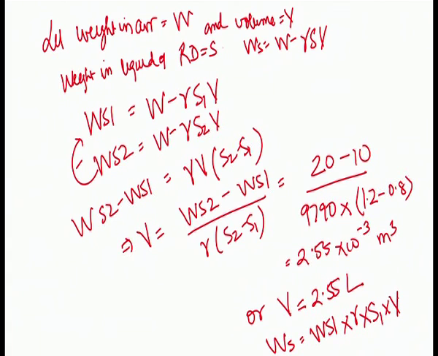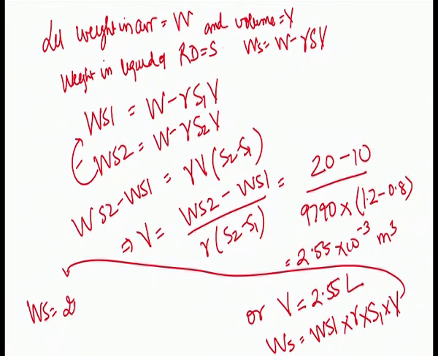And W can be written as WS1 plus gamma into S1 into V. So I'll take this calculation here. So W can be written as 20 plus 9790 into 0.8 into 2.5536 into 10 to the power minus 3.